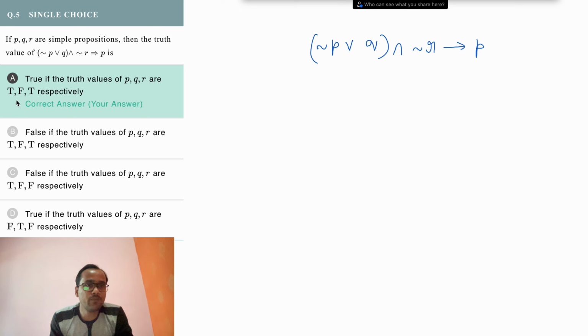So if P, Q, R are given as T, F, T, let me check for this proposition. If P is true, so negation of P will be false, union false, intersection false, implies true.